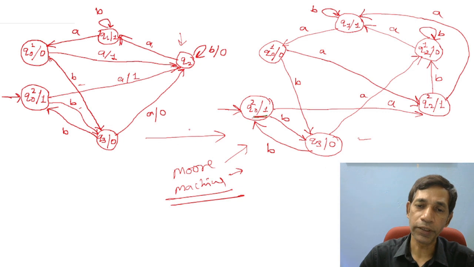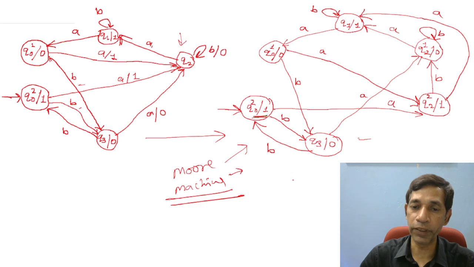But this kind of discrepancy we allow in the definition of the equivalent machine. So here we see that this is the start state, and the output produced by this start state is 1.